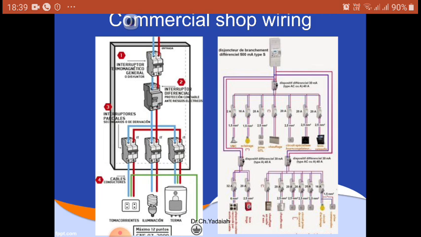Where the current increases more than 100 amperes, it is advisable to use MCCB. Less than 100 amperes, MCB is enough to control the circuits. You can see here in the figure. So if the load increases and the number of rooms increases, then we are going to extend the existing system by using the protective devices, that is the MCBs and DBs.